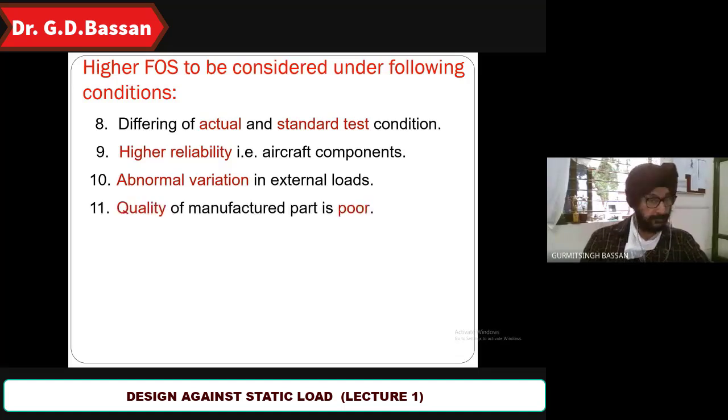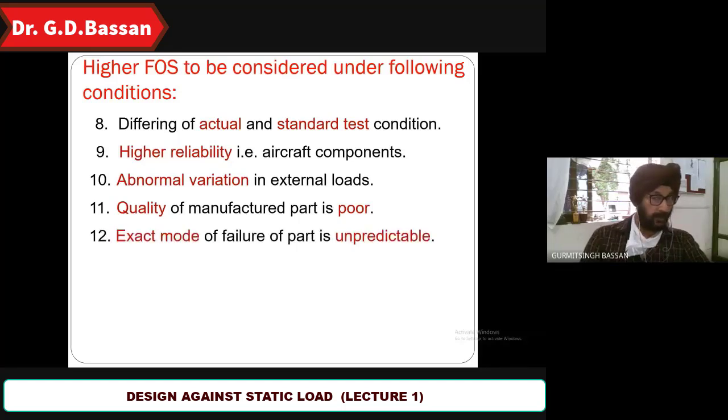Then quality of manufacturing is poor. Naturally, to make that particular component withstand a certain life, we have to increase the factor of safety. Then exact mode of failure is unpredictable.